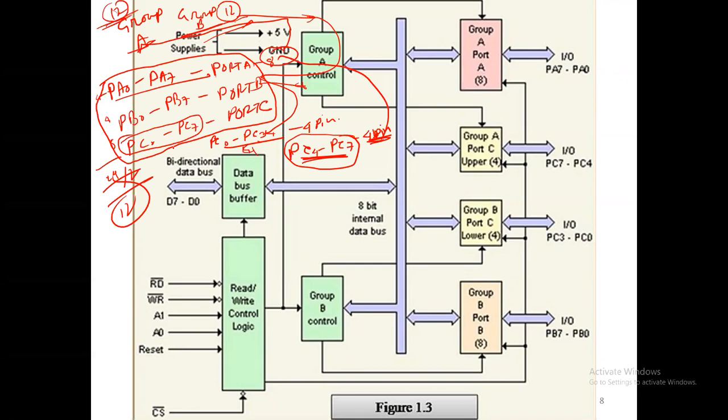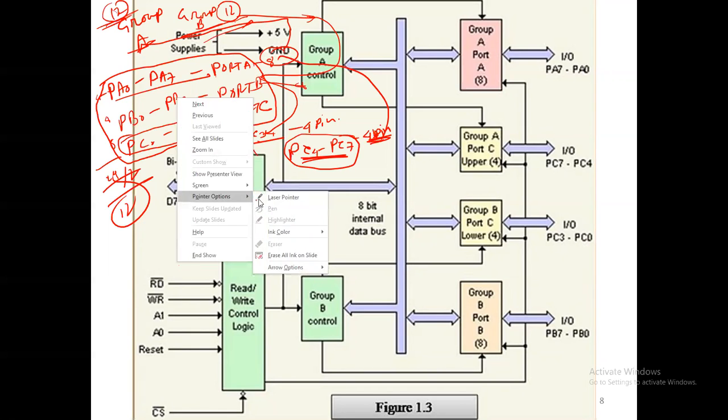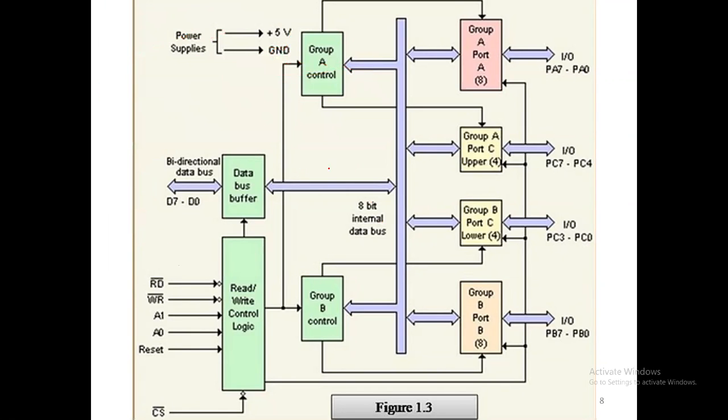Yes, sir. Now this is the architecture. This is group A and this is group B. Group A control and group B control.